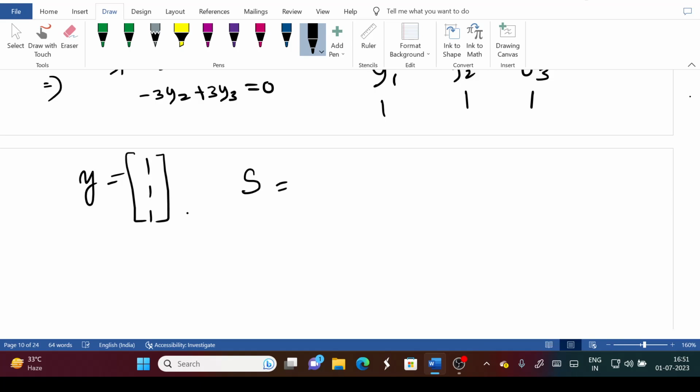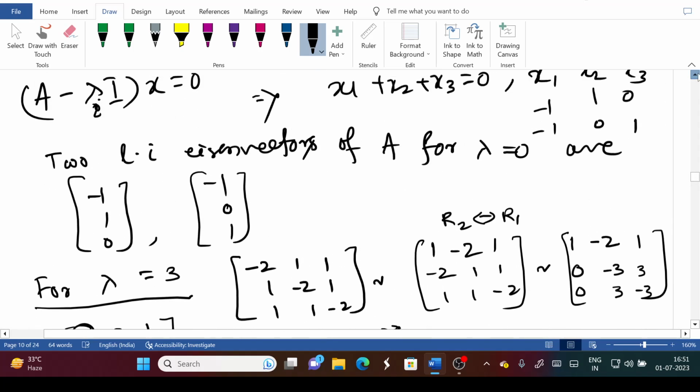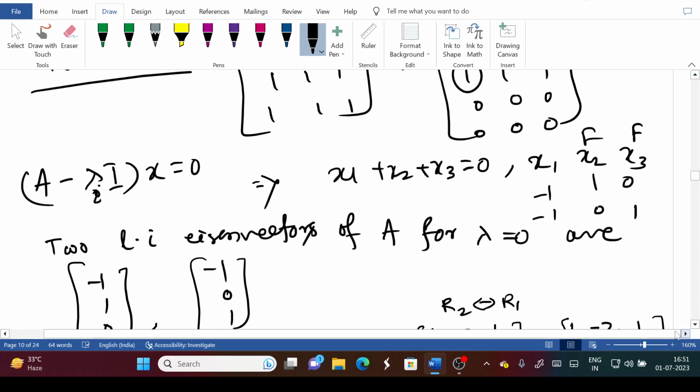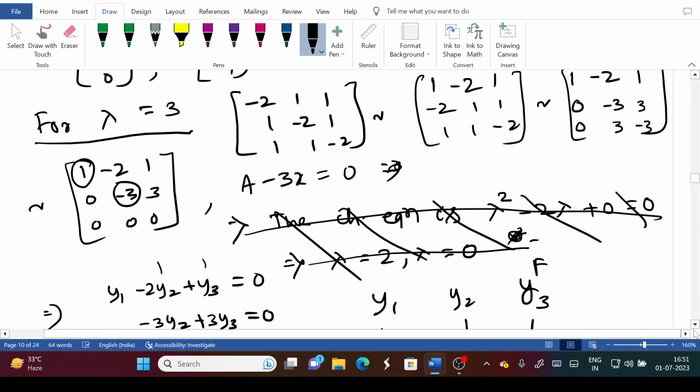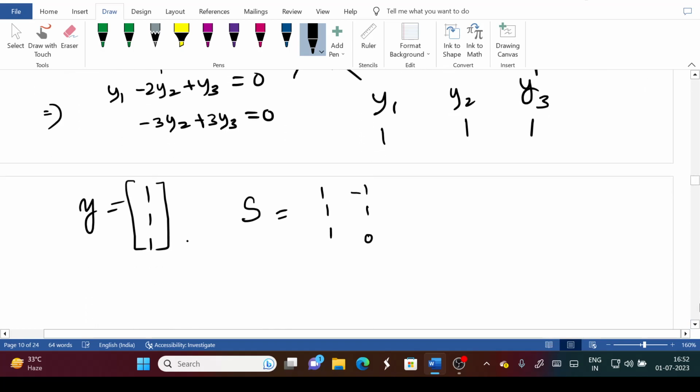S1 has columns (1, 1, 1), (minus 1, 1, 0), (minus 1, 0, 1).